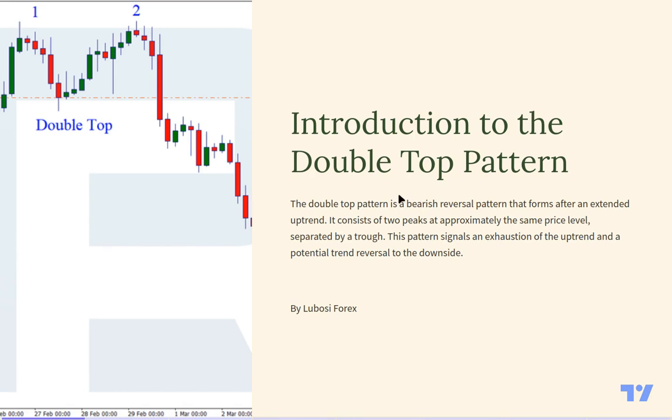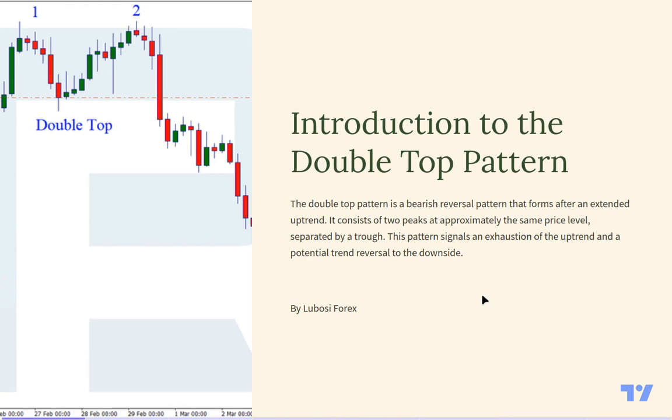So we're here to talk about the double top pattern. Okay, let's dive right into it. The double top pattern is a bearish reversal pattern that forms after an extended uptrend. It consists of two peaks at approximately the same price level, separated by a trough.